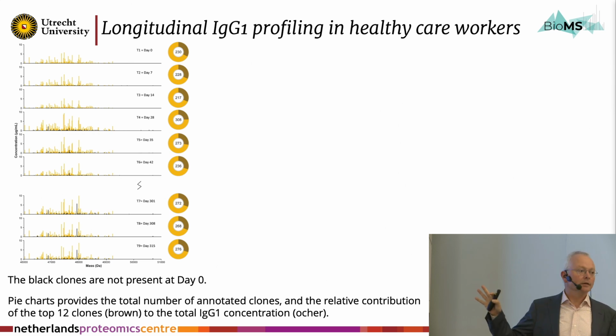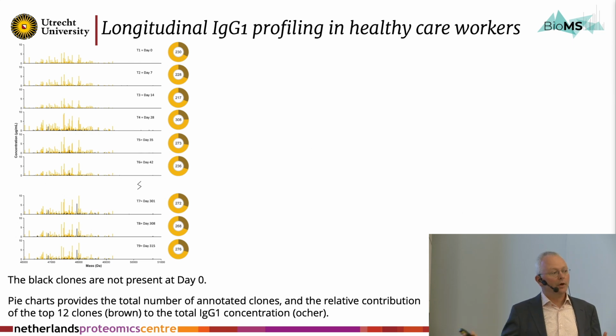Everything that's black is new, that we don't see at time point 0. So basically this confirms our earlier data, that even in a year time, your antibody repertoire doesn't change that much. And even if you get vaccinated 3 times, your antibody repertoire of dominant antibodies in your blood doesn't change that much.